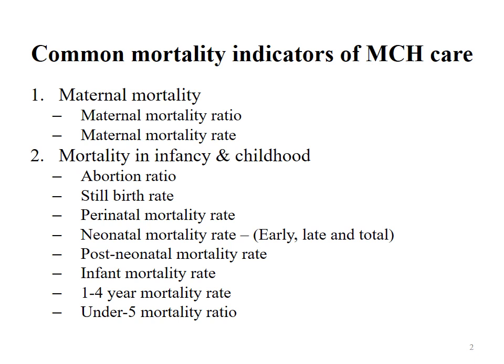There are many, but these are important as far as your 6th, 7th semester study is concerned. Then, for mortality of infancy and childhood: abortion ratio, stillbirth rate, perinatal mortality rate, neonatal mortality rate, in which early, late, and all neonatal mortality, post neonatal mortality rate, infant mortality rate, 1 to 4 years child death rate, or under 5 mortality ratio. All these are included in here.